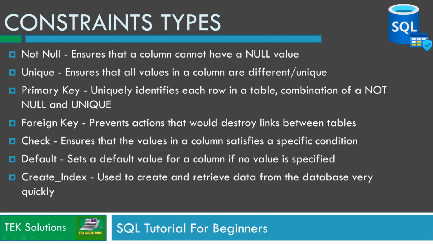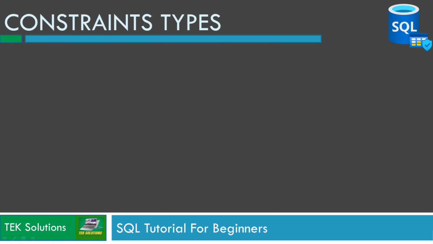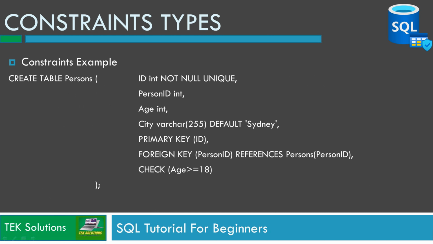Let's see one quick example. Constraint example. This is actually an example while creating the table. So this is a table we are creating, Persons. It has one column, ID, type integer, and the constraint is not null and unique.